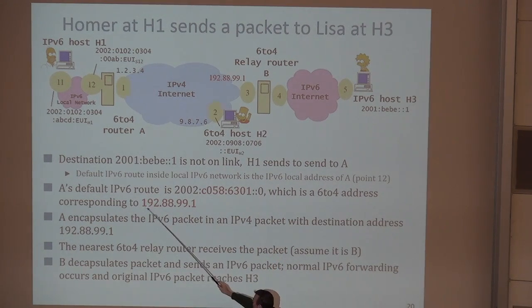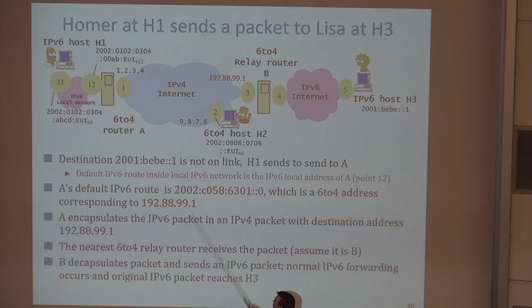And this you find by sending a packet encapsulated to this IPv4 address, which is the address that means IPv6 internet seen from IPv4. So A will encapsulate the IPv6 packet in an IPv4 packet. That's called a tunnel. But now the tunnel is automatic. We don't need to configure any special destination. It will automatically send it to this address.